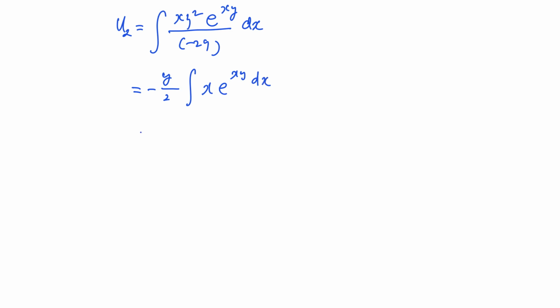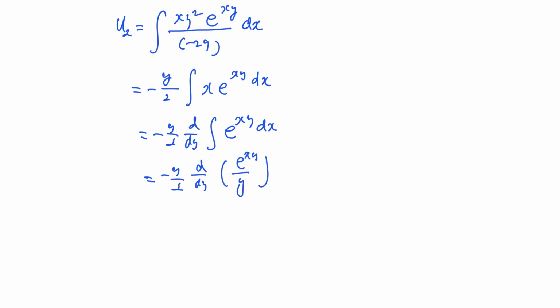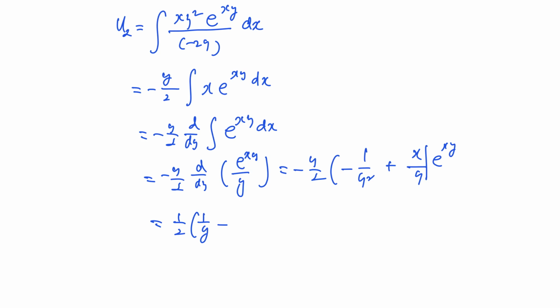This time this is d over dy of exponential xy dx, which is d over dy of exponential xy over y, giving 1/2 times 1 over y minus x, exponential xy.